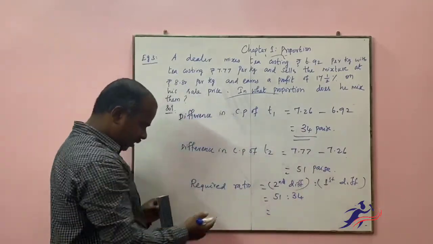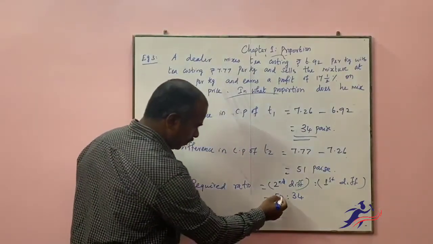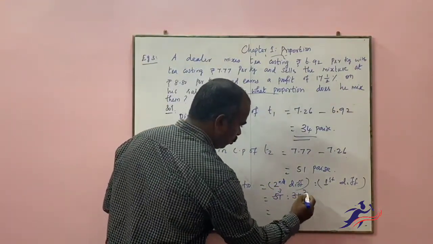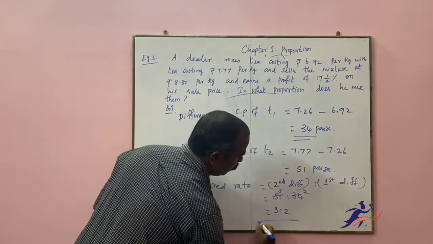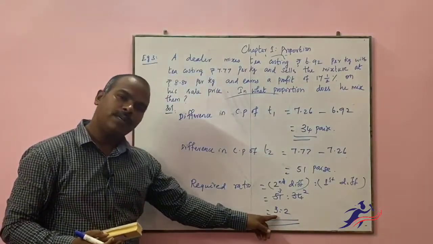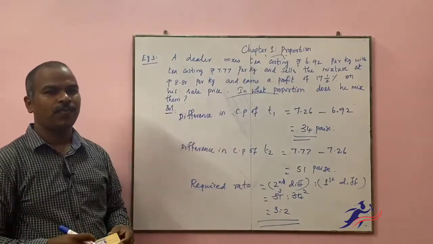When you simplify by the 17 table, we get 3 is to 2. So they mixed the teas in the ratio 3 is to 2.